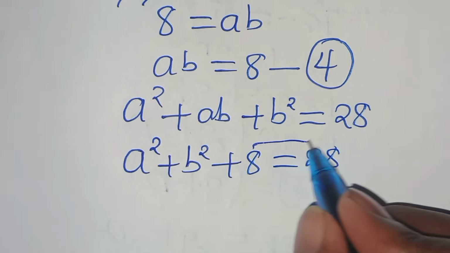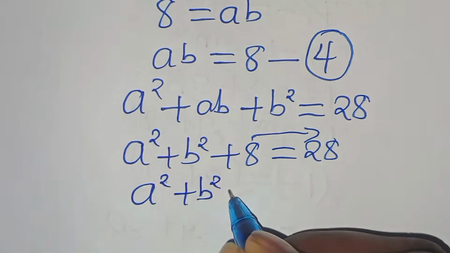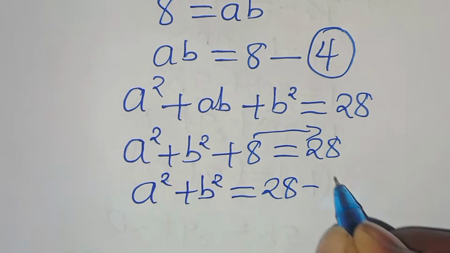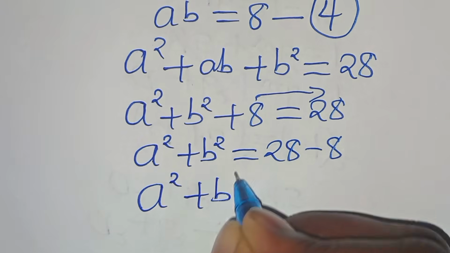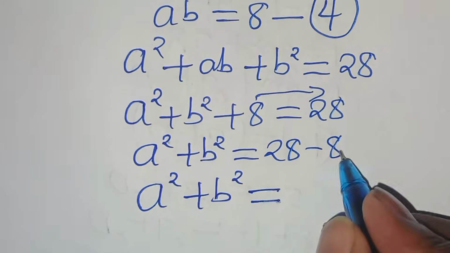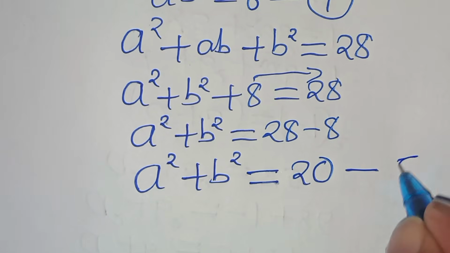Now let's take 8 to the right hand side. This means that a squared plus b squared is equal to 28 subtract 8, which is equal to 20. And let's call this equation 5.